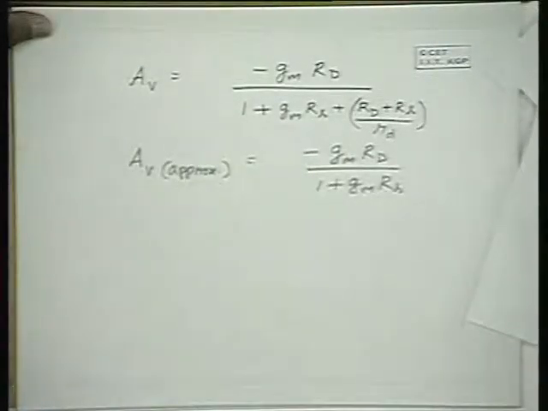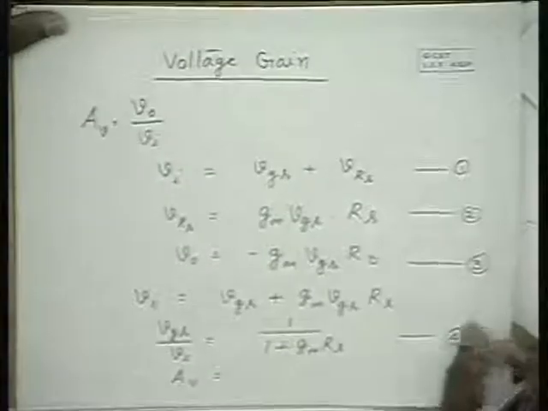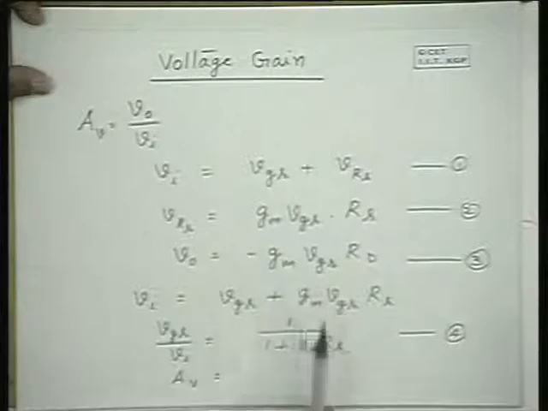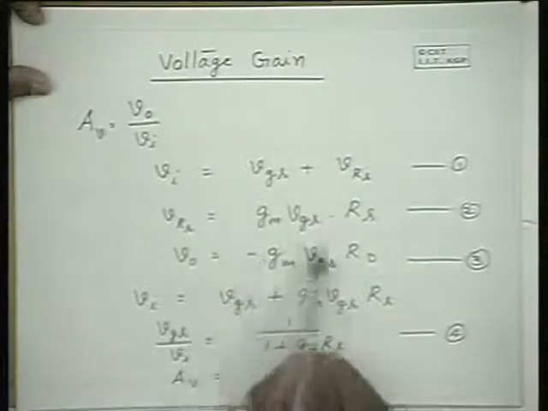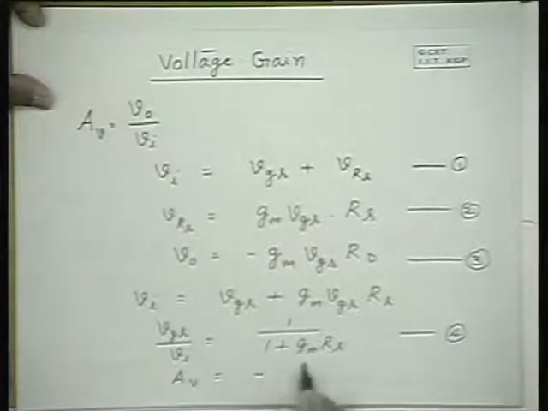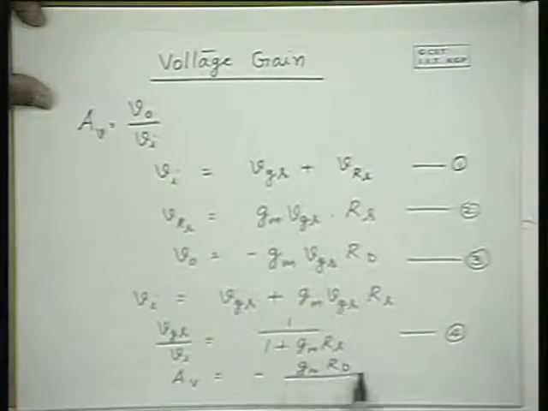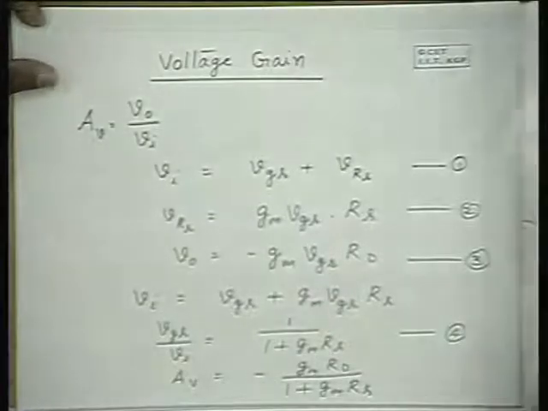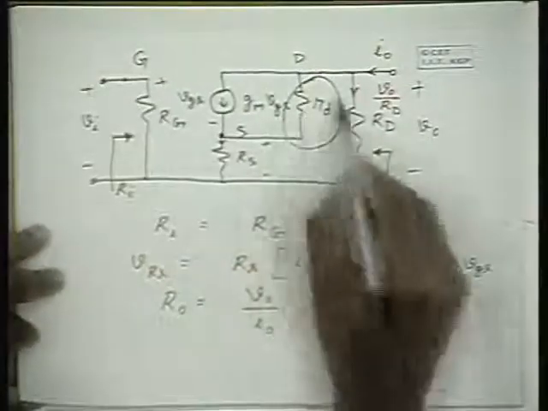That is clear from this expression itself. So, Vi to VGS ratio is this, and V0 to VGS ratio is minus GM RD. Therefore, voltage gain is simply minus GM capital RD by 1 plus GM RS itself. So, this is the expression for the voltage gain when you neglect this RD.